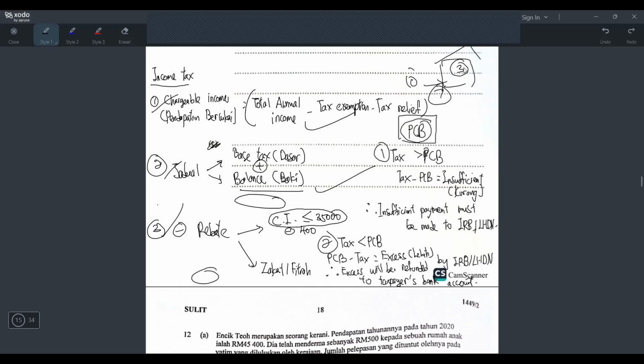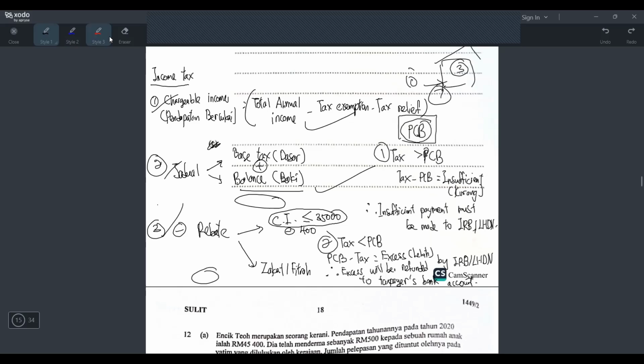Because 10 ringgit, discount 3 ringgit, you have to pay 7. So it means if your tax means the price yang you kena bayar is more than the discount, you insufficient. It means you still have to pay 7, right? So that's why the insufficient payment must be made. But you will not pay 10. You will pay 10 minus 3. That's why I said kena tolak.